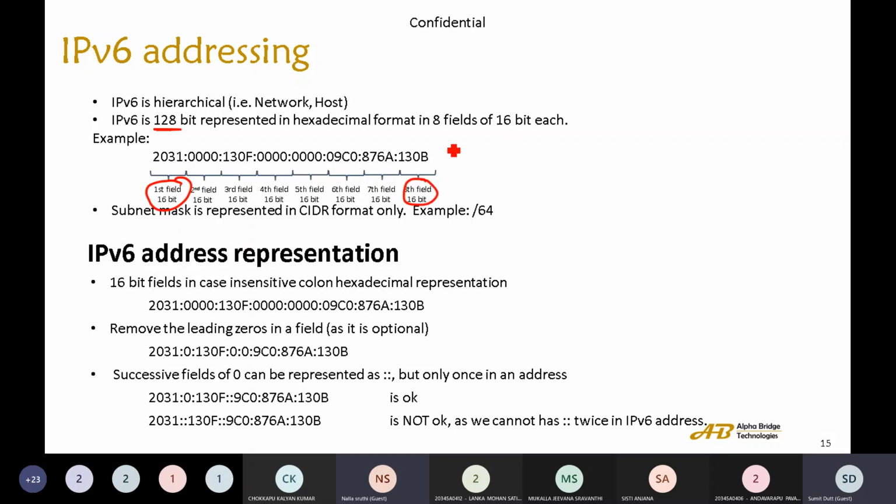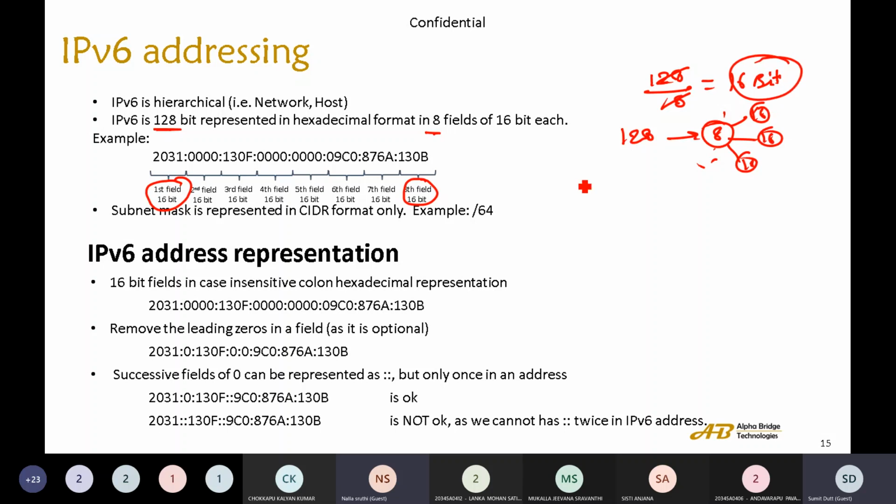There are 8 fields, and 128 divided by 8 gives me 16 bits. So 128 bits are divided into 8 groups, and each group has 16 bits. Now in order to convert these 16 bits into hex values, it becomes 4 hex values, because one hex value represents 4 bits.